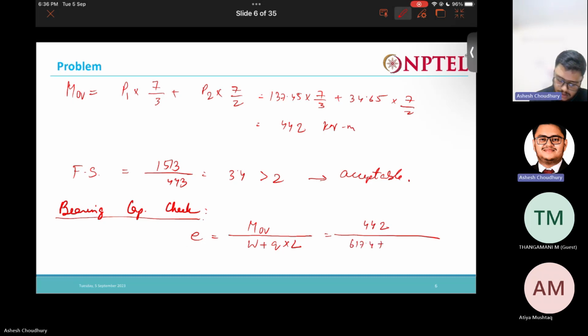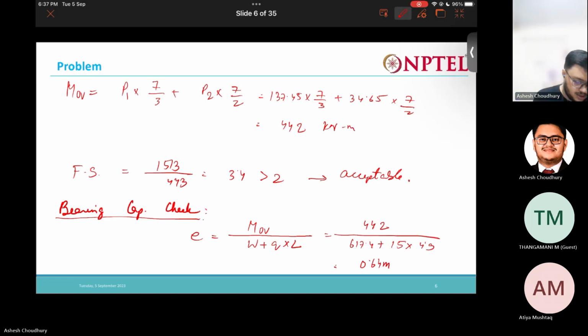Q is 15 into 5. So 442 divided by 617.4 into 0.6.